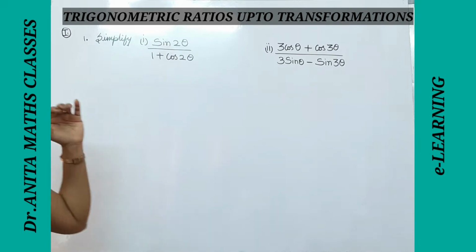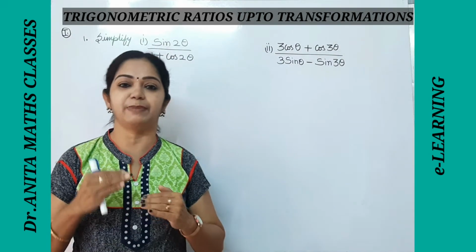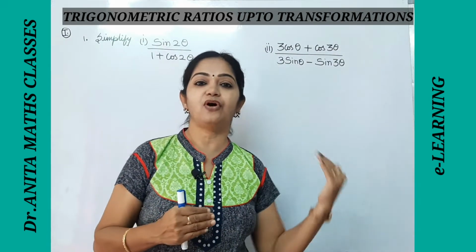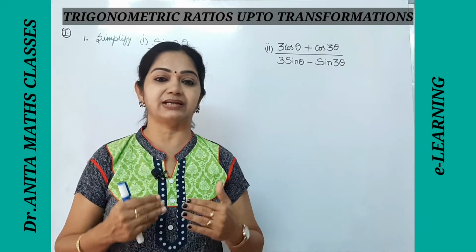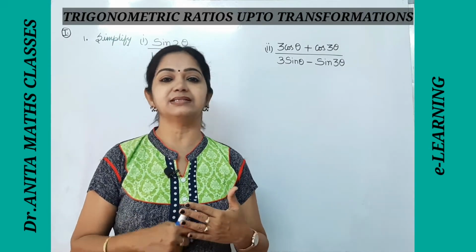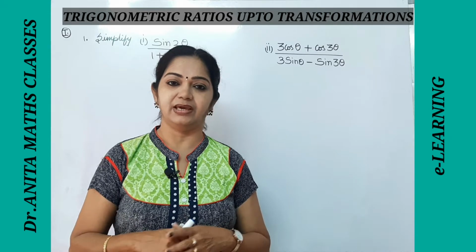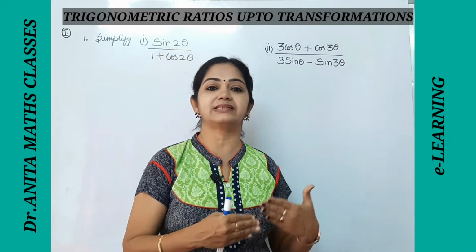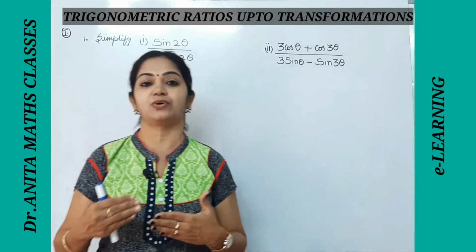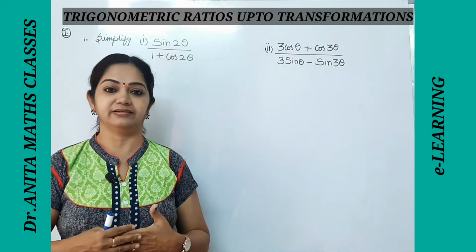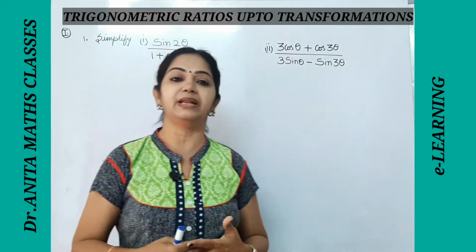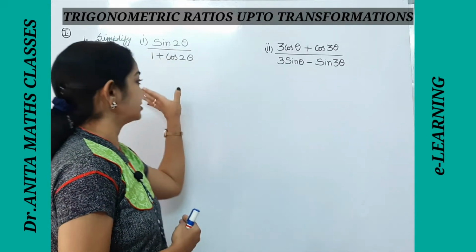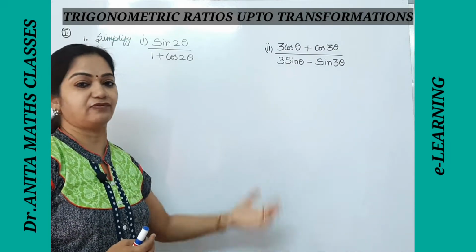Okay, now the complete exercise is based on the formulas of trigonometric ratios, that is the multiple angles and submultiple angles. So we also call them double angle theorems, and we also call them half angle theorems. This complete exercise is based on those formulae.